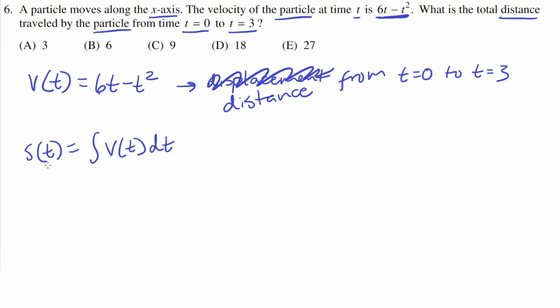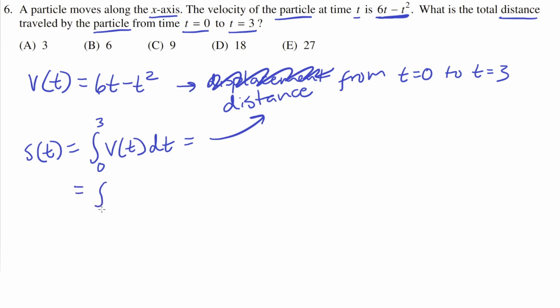This will give us the displacement function, but to find the displacement, which is the same as the distance in this case, from 0 to 3, we can set these as the bounds of our integral. So we'll take the distance slash displacement from time t equals 0 to t equals 3. So evaluating this will give us the total distance from t equals 0 to t equals 3.